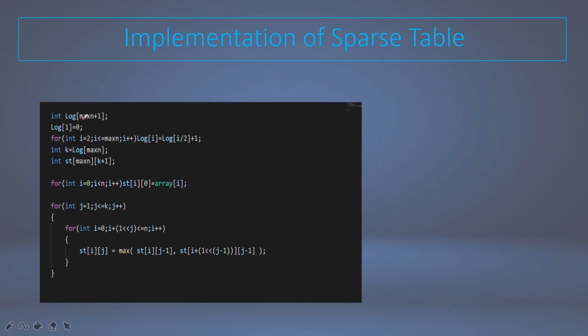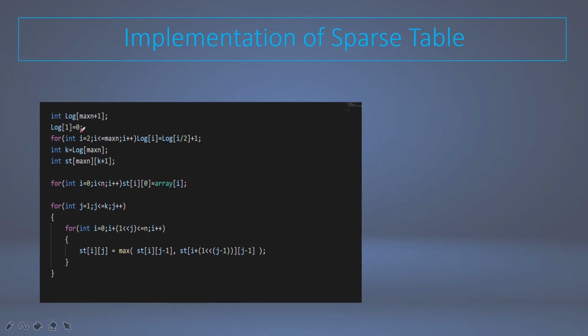So this is the log variable I have taken. I will initialize this. What the log variable is doing is that it is storing the maximum power of base 2 of any length we can make. Okay, suppose firstly I have initialized 1, log of 1 equals 0, because 2 to the power 0 is 1, right?